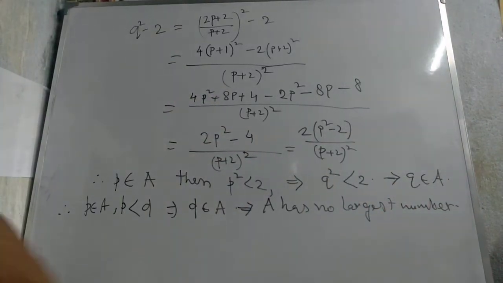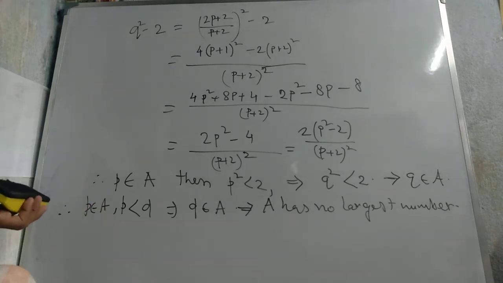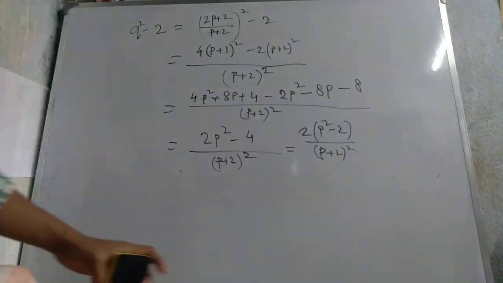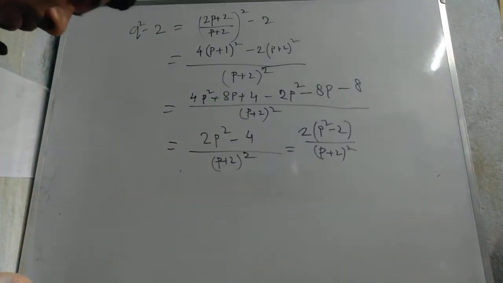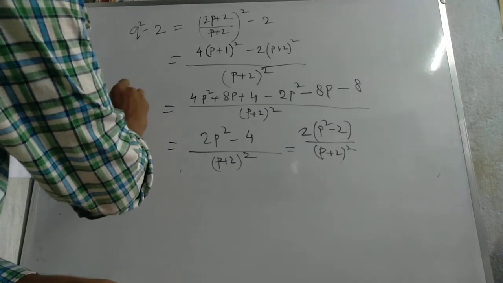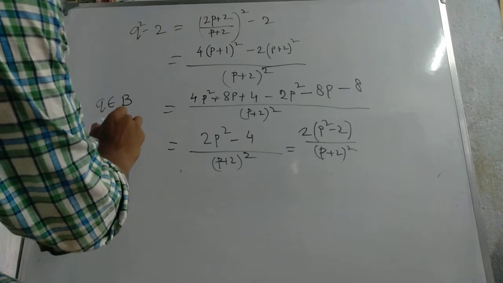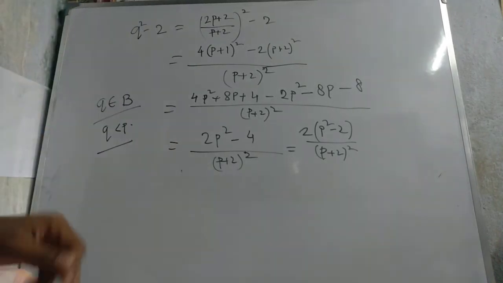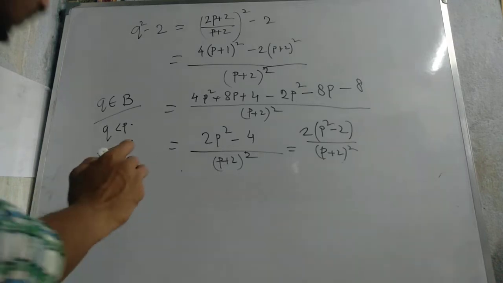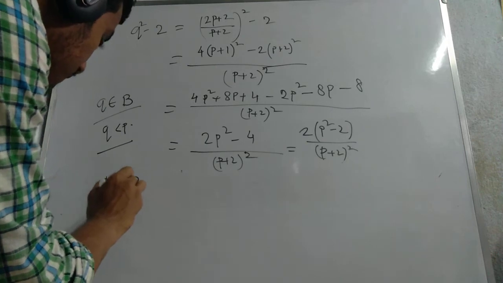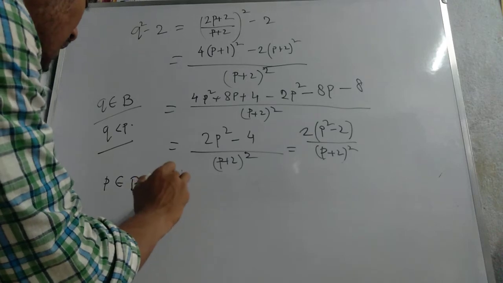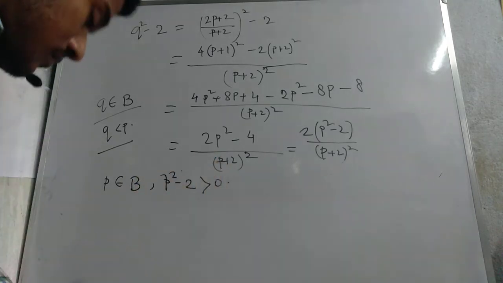No problem at all. Next we erase this portion. Another way, we also develop one rational q belonging to B such that q is less than p. If p belongs to B, then p square minus 2 is greater than 0.